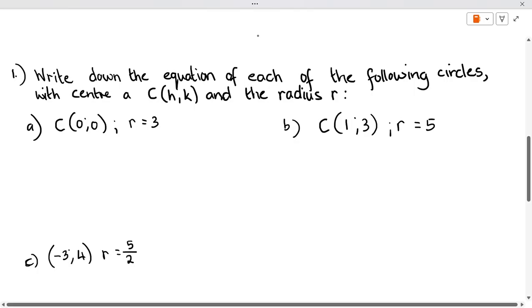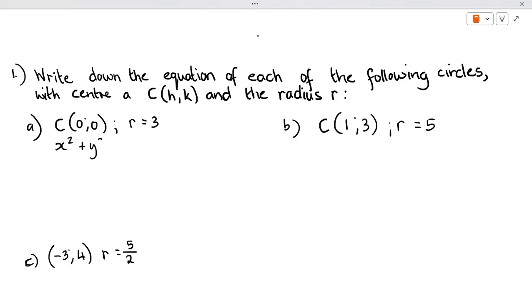So if the center is 0, 0, we're going to use x squared plus y squared equal to r squared. So here we're going to have x squared plus y squared equal to, now what is r? r is 3. So we're going to have 3 squared. So my formula will be x squared plus y squared equal to 9.